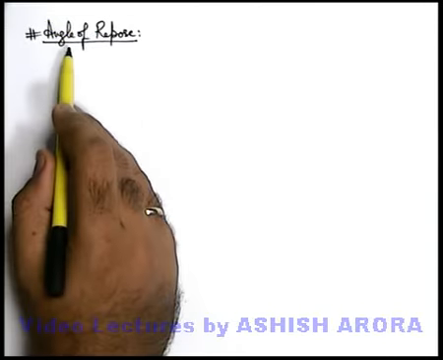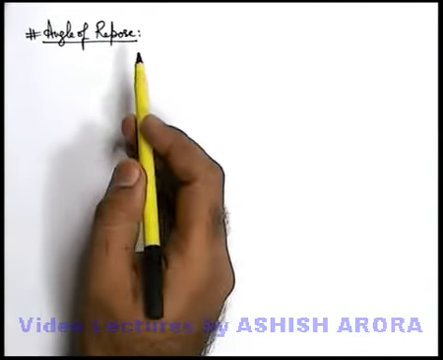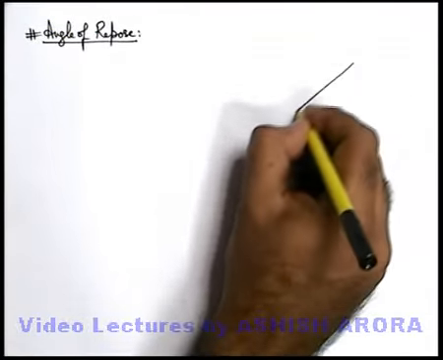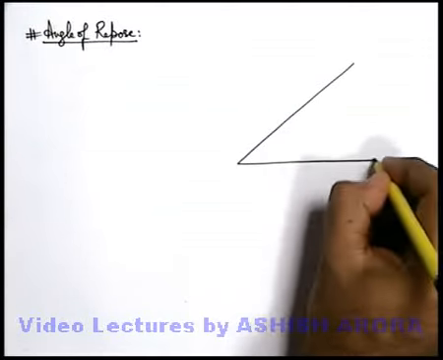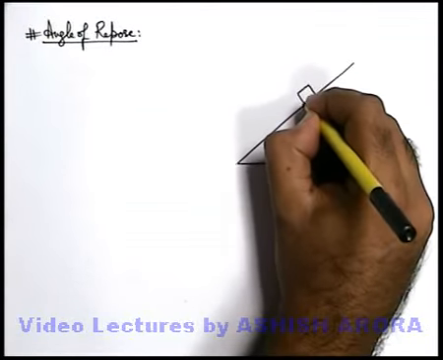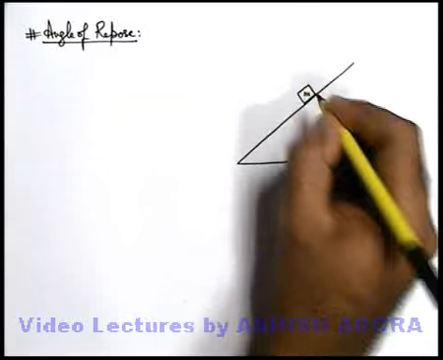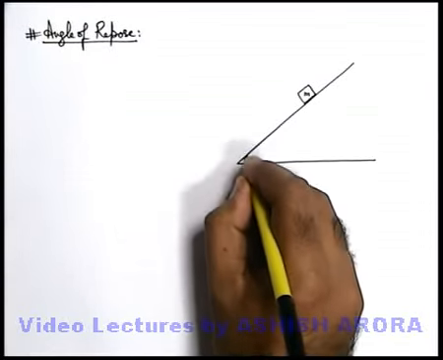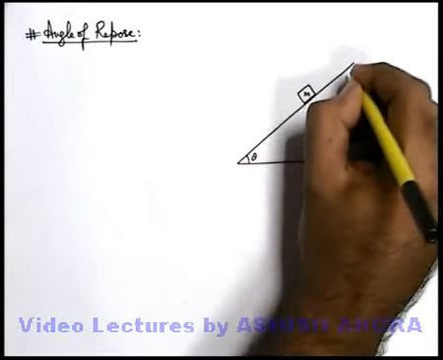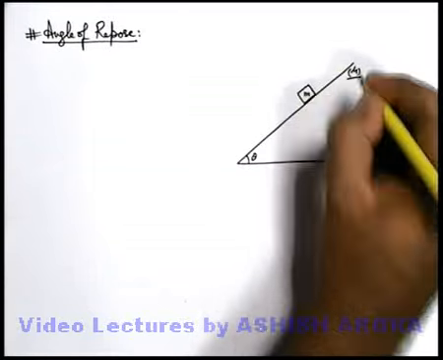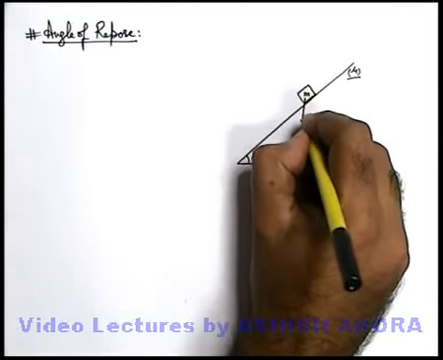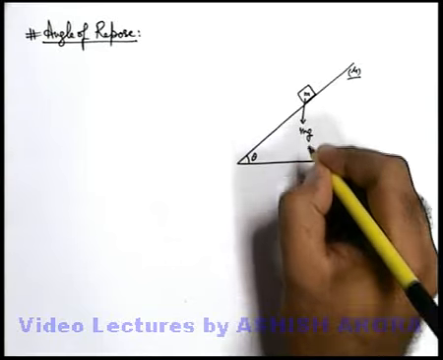Now we'll study angle of repose. For angle of repose, we consider a body which is placed on an inclined plane. So if a body of mass m is placed on an inclined plane, say its inclination angle is theta and its friction coefficient is mu, we know well that in downward direction it will experience mg.